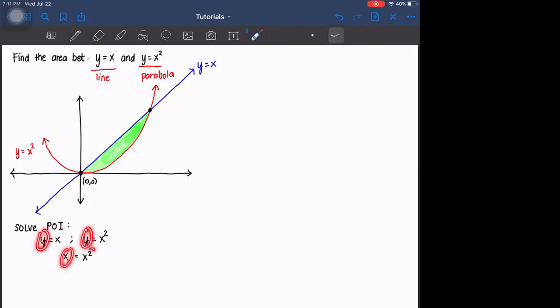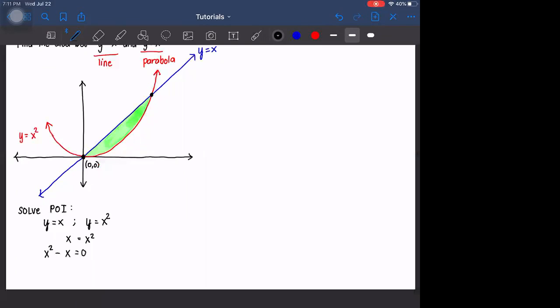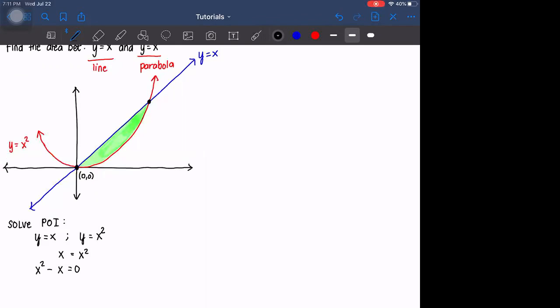So x equals x squared. Now instead of canceling out x, we equate that to 0. So we transpose: x squared minus x equals 0. Do you follow? Then we factor out x times x minus 1 equals 0. Therefore, x equals 0 and x equals 1.